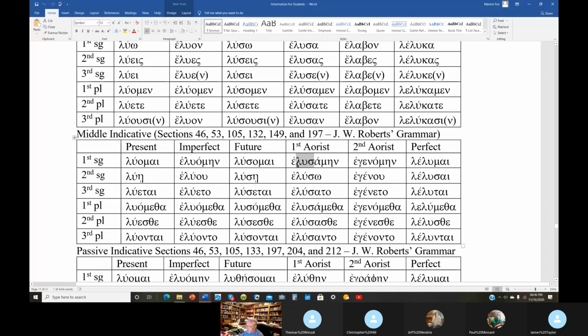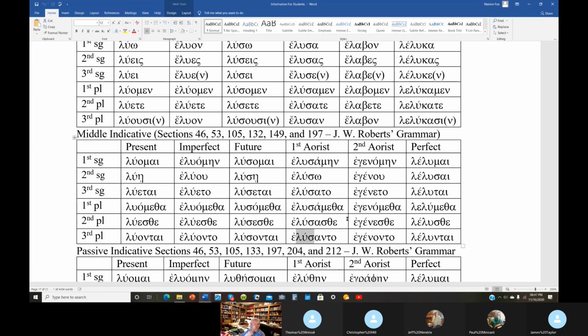There's your stem, augment, amen, and again your stem, augment, and o, augment, and auto, stem, augment, and amatha, and right here stem, augment, and asse, and our stem, augment, and onto. Any questions?